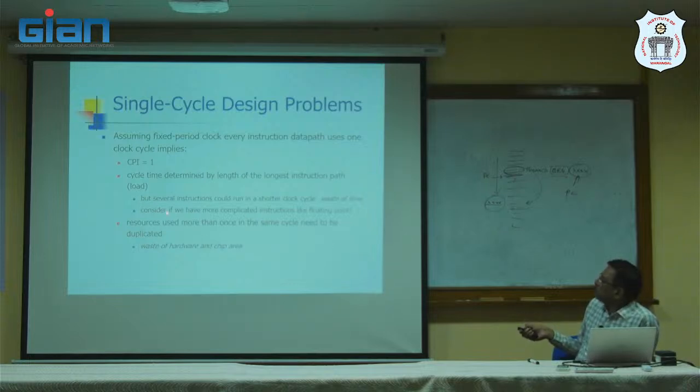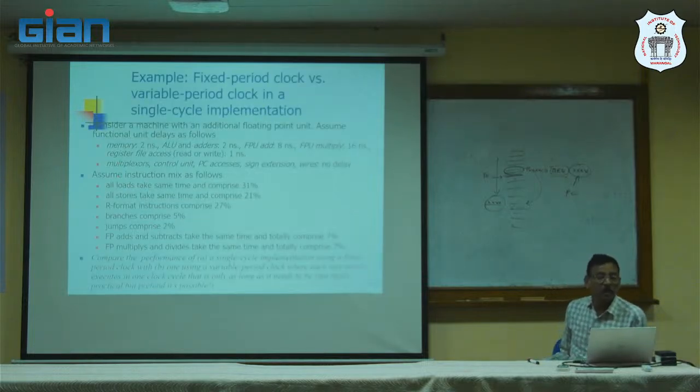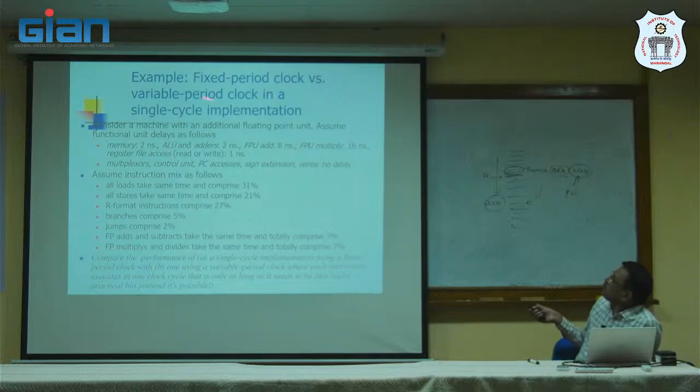So consider if we have a more complicated instruction like floating point, the resources used more than once in the same cycle need to be duplicated, which is a waste of hardware and chip area. So these are some of the differences between fixed period clock versus variable period clock in a single cycle implementation.